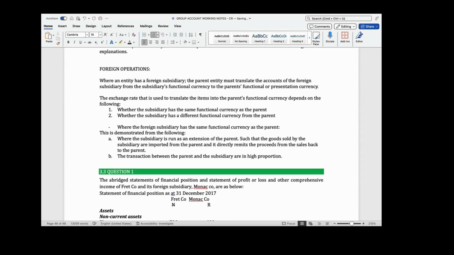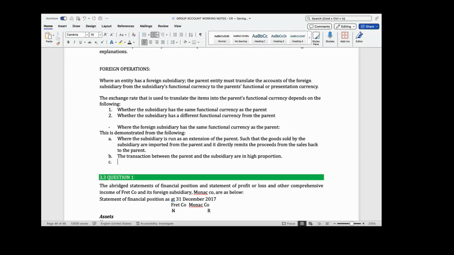Majorly, all the goods that the subsidiary buys, it buys from the parent. So the transactions between them are in high proportion.